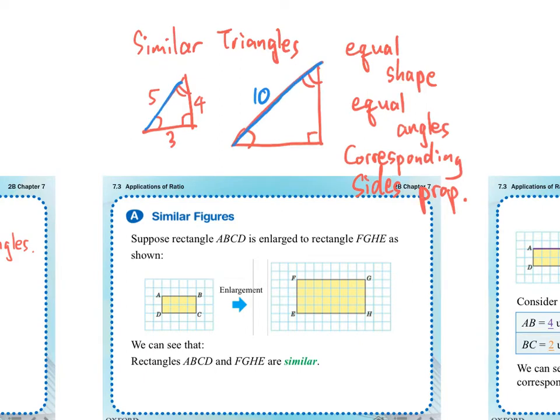How about the height? This one is double, 5 to 10, 5 times 2. And then 4 times 2, the height becomes 8. The last one is 3, also times 2. We'll have 6 here. So proportional means in ratio, okay?